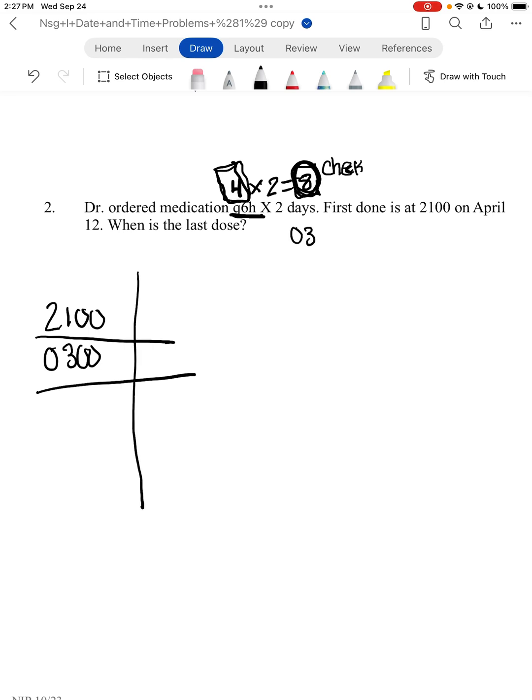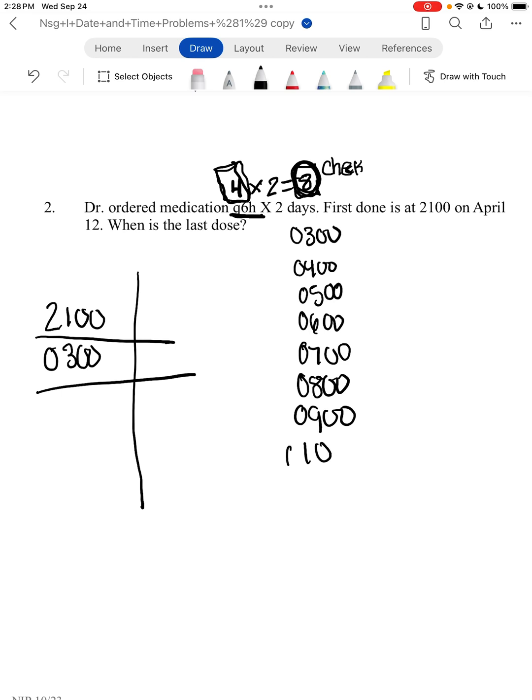If we start at 0300, we need 0400, 5, 6, 7, 8, 9, 10. Okay, so we have 1, 2, 3, 4, 5, 6. So the next one is going to be 0900.